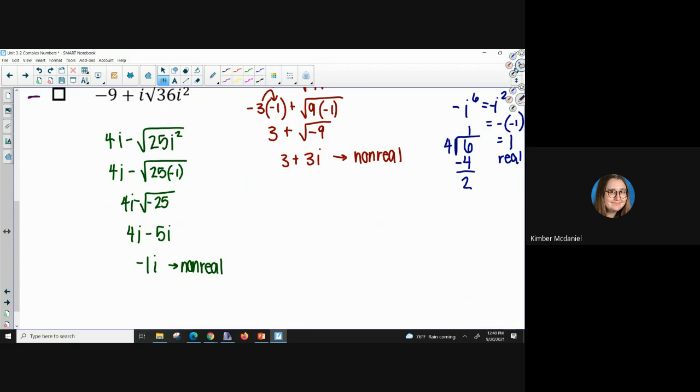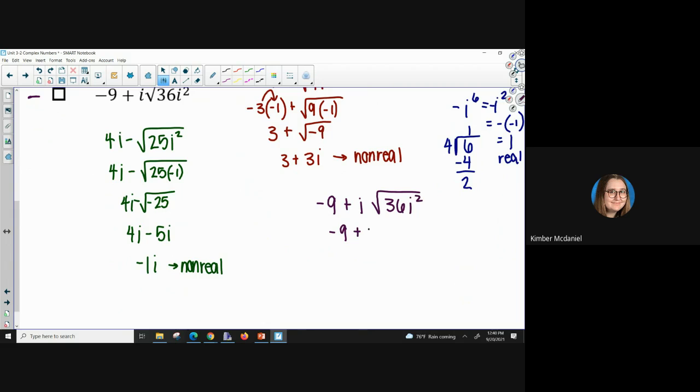But we have -9 plus i square root of 36i squared. Again, here you can do whatever you want because you can work these different ways, but I'm going to replace i squared with -1.